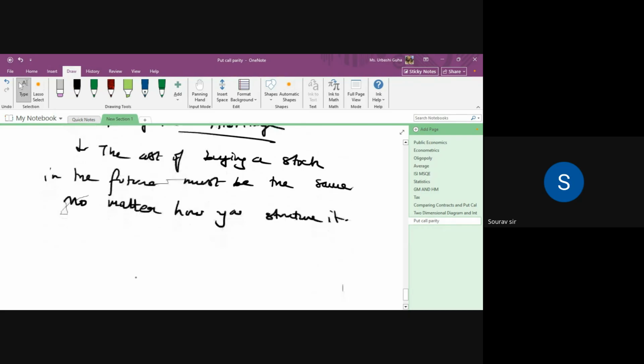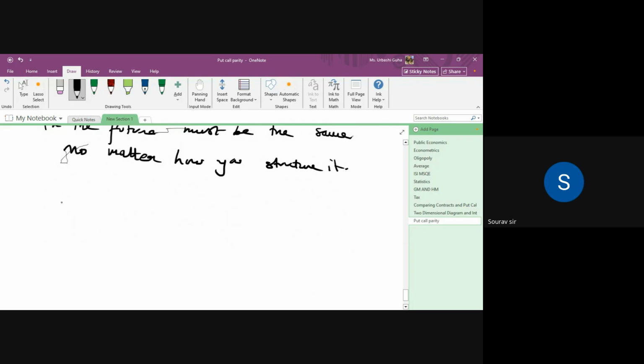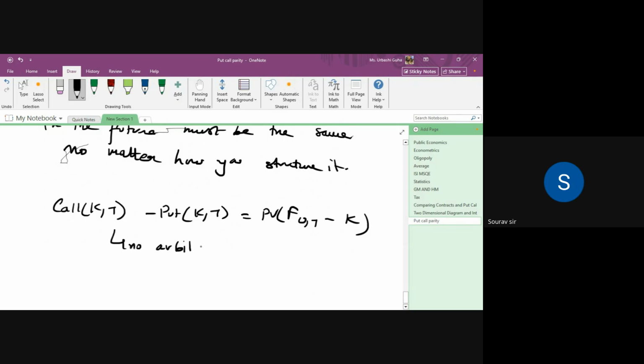Now, what is the link with put-call parity? Call K,T minus put K,T equals PV of F minus K. If this equation holds, markets are in equilibrium. So that is no arbitrage. If it doesn't hold, then there is an arbitrage opportunity, obviously.